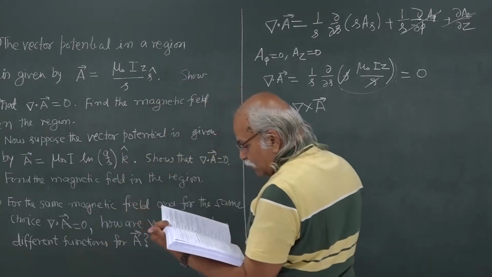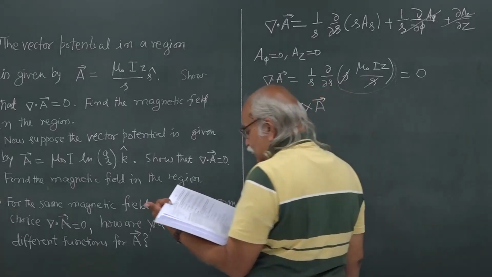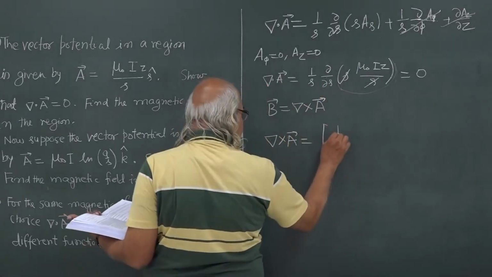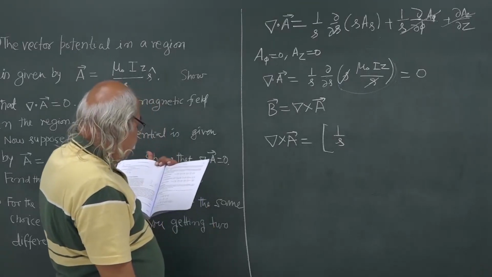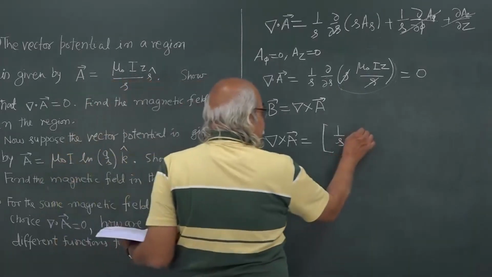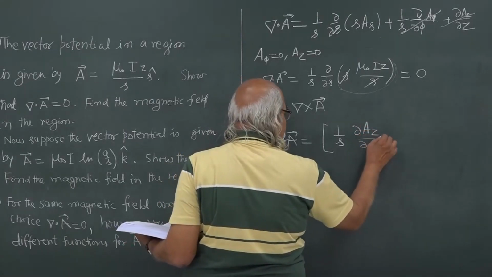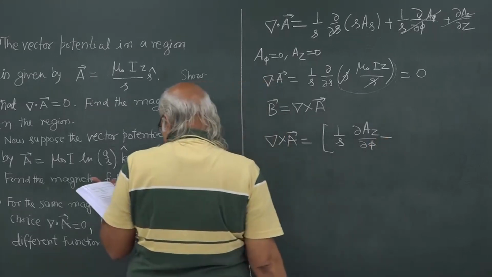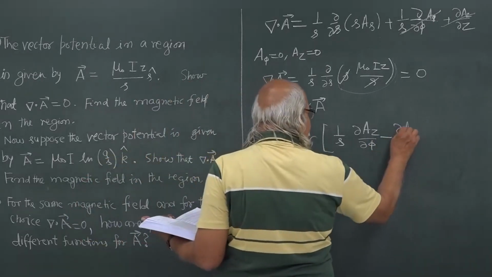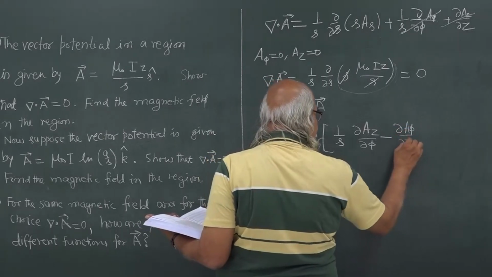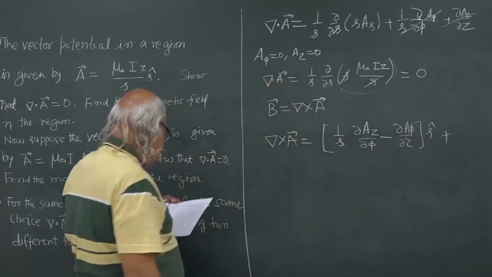Curl of A is, the first bracket is 1 over S times del Az del phi, minus del A phi del Z. This is the first bracket, and then you have this S cap.